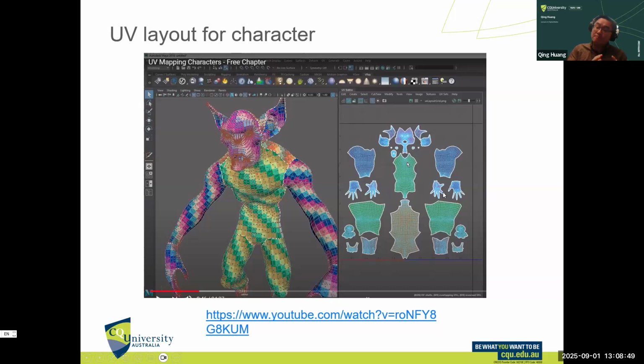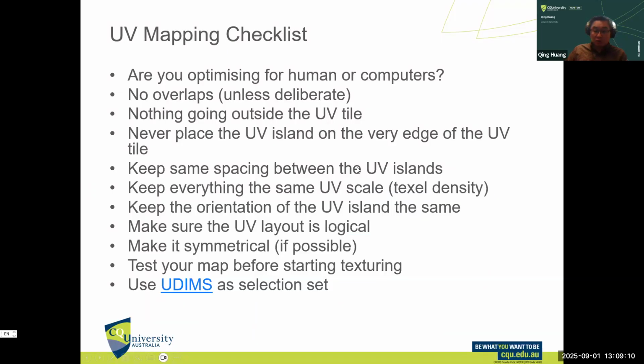But if you're using the computer-centric method, sometimes you run out of space and you put them too close together, and the color of that pixel might bleed into the neighboring pixel as well. So try not to put them too close. The spacing should be consistent.